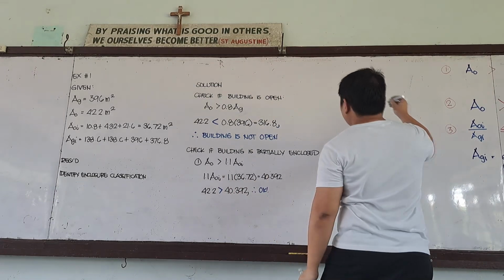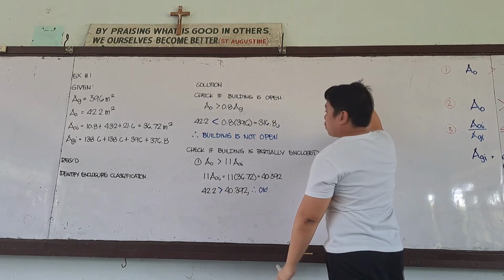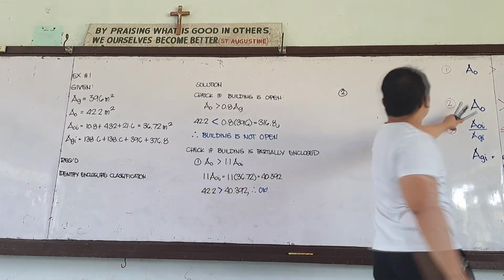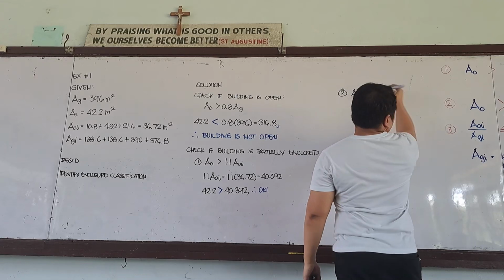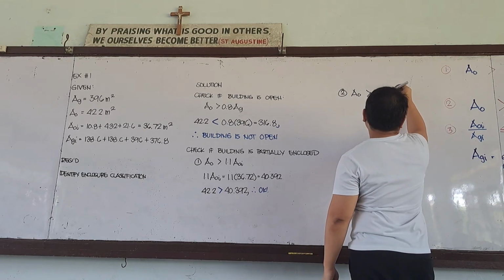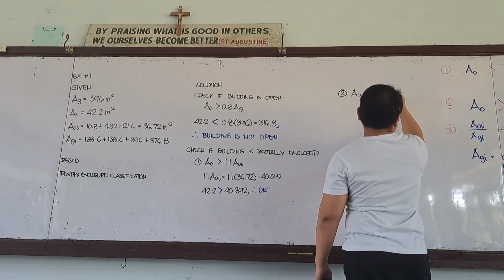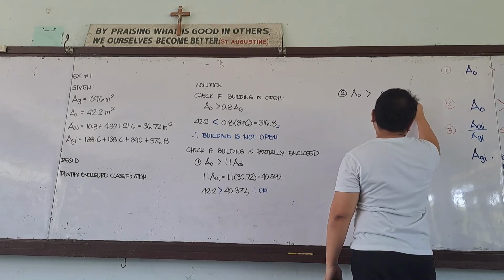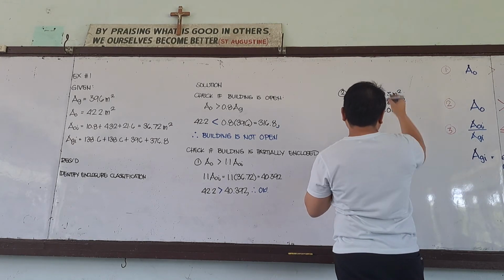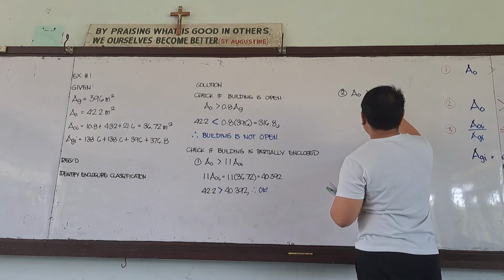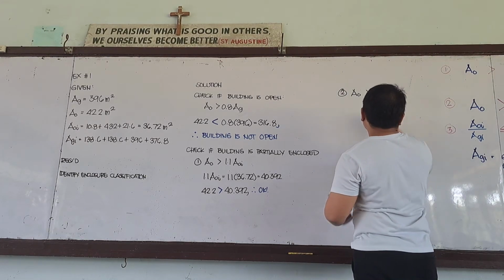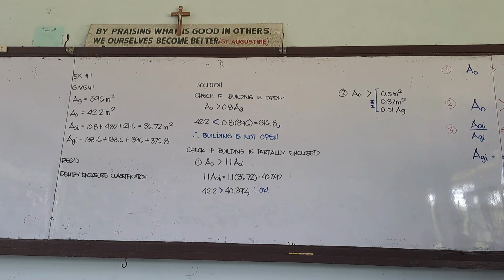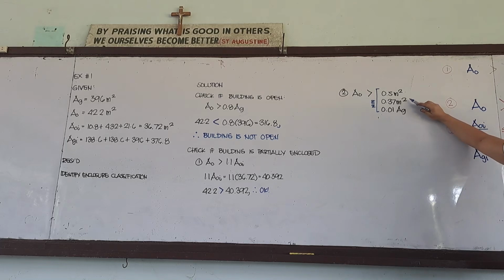For number 2, what is our second condition? AO is greater than 0.37 square meter and 0.01 AG, whichever is smaller. So we will select the minimum value. For short, per section 2.7 provision, it is the 0.37.